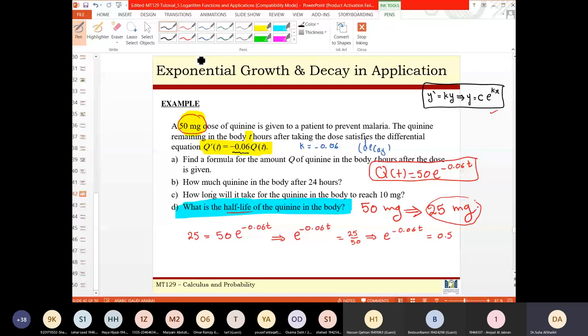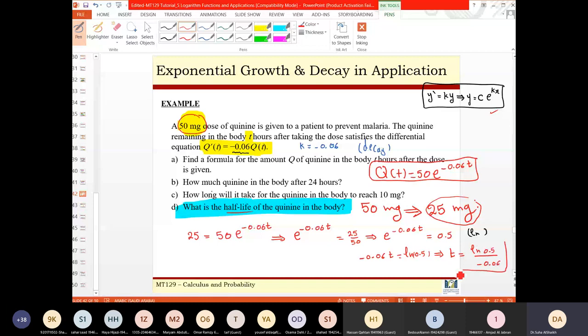Again, I apply ln to both sides. So I will get minus 0.06 t equal to ln 0.5. So the time for the half-life is equal to ln of 0.5 divided by minus 0.06.